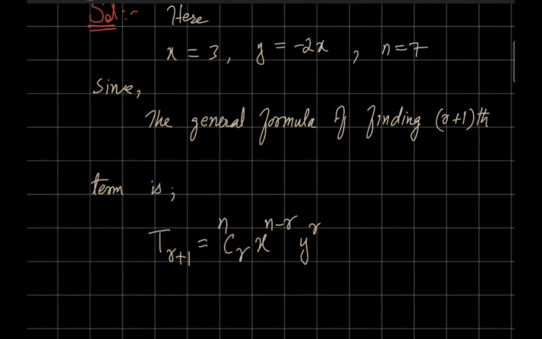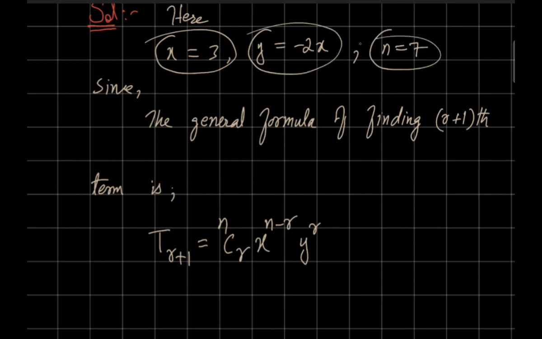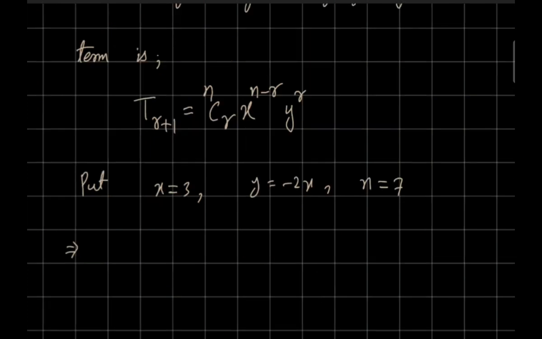In this formula, we have to put x = 3, y = -2x, and n = 7.